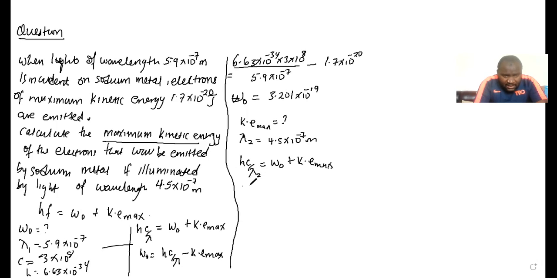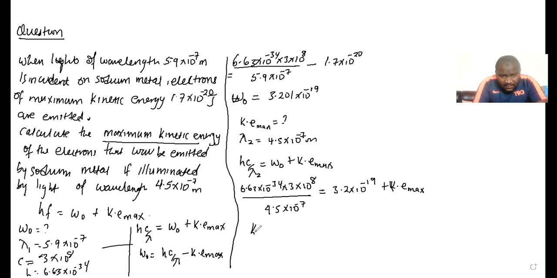So we shall have 6.63 times 10 to the power negative 34 times 3 times 10 power 8, divided by the wavelength 4.5 times 10 power negative 7, is equal to our work function, which we have got as 3.2 times 10 power negative 19, plus kinetic energy maximum. So we make kinetic energy maximum the subject, and give me the answer.